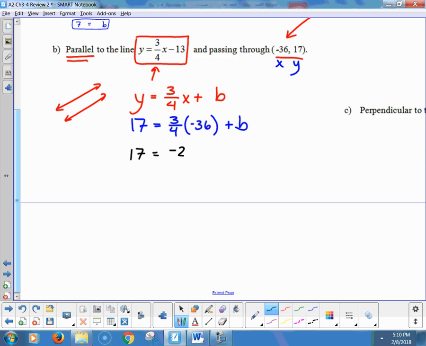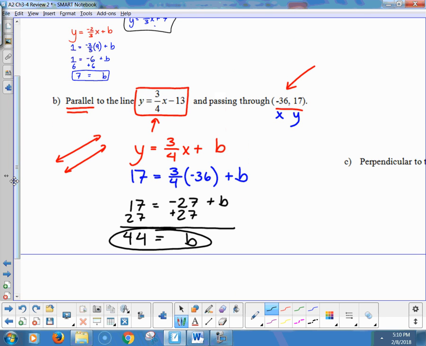So negative 27 plus b, and if I add 27 to each side, I get b must equal 44. Let's see, 10, 20, 30, and 14. 44 is my y-intercept. So we have an equation of y equals 3/4 x plus 44.